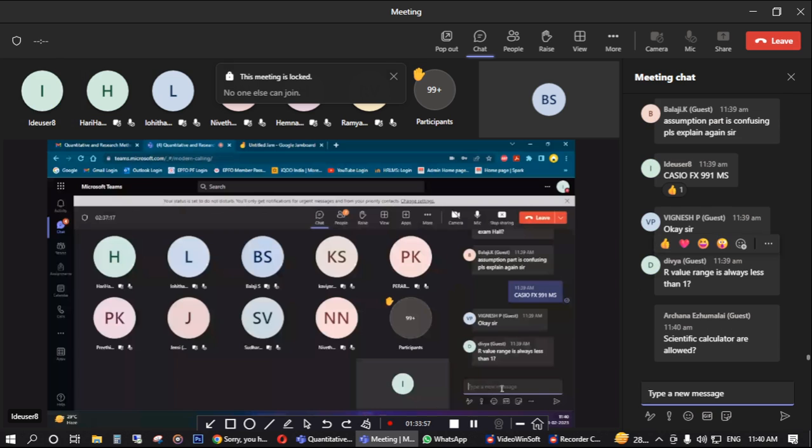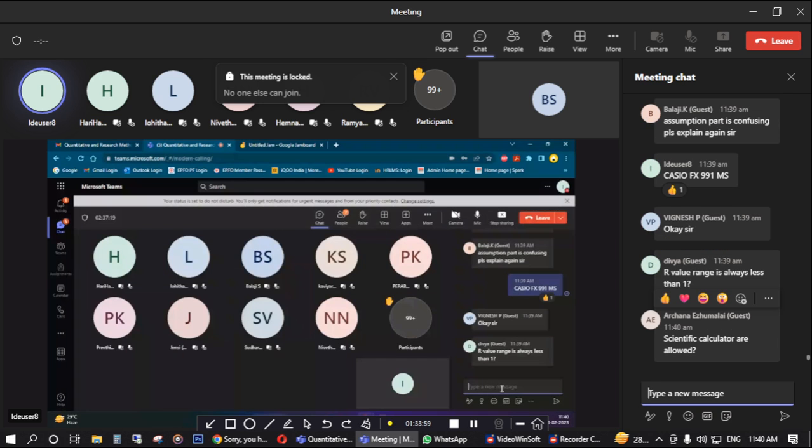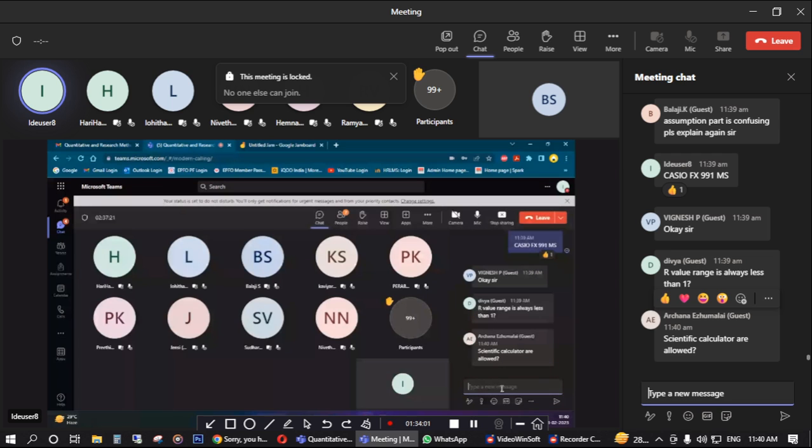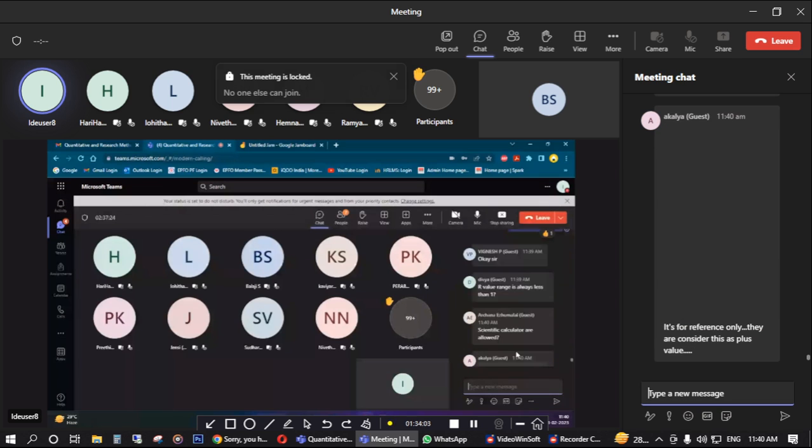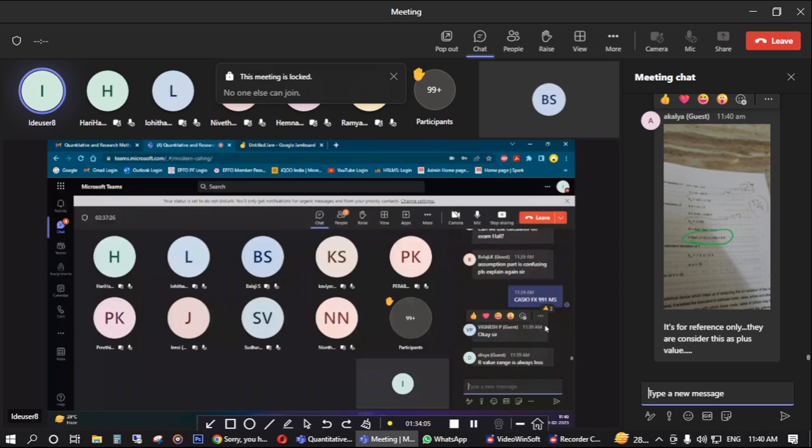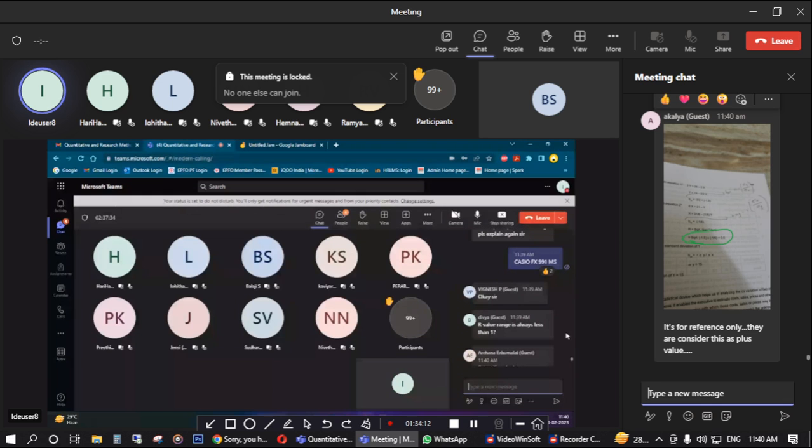Okay. The assumption part is confusing, please explain once again. You just have to do x on y, y on x. Okay, I will explain it once again. The R value range is always less than 1? Definitely not. This indicates that you have not attended my previous class. I told you, Divya, in the previous class that the R value is between -1 and +1.